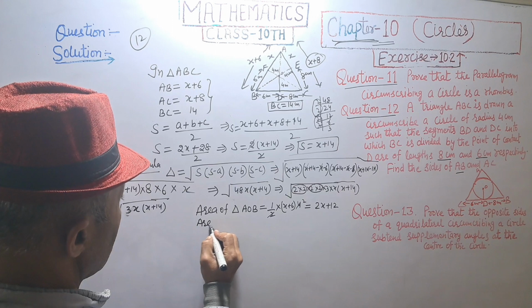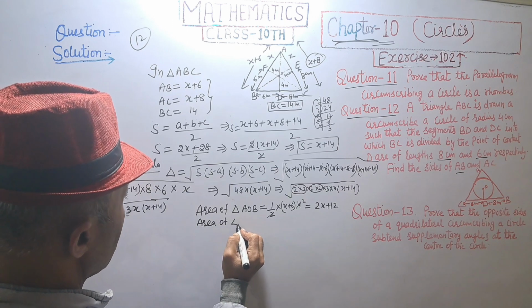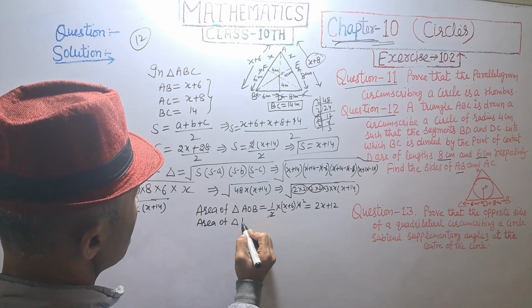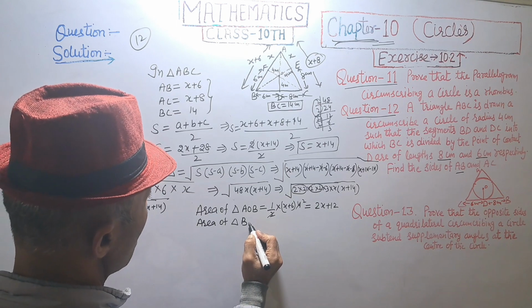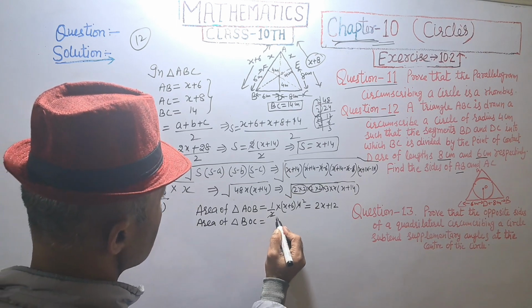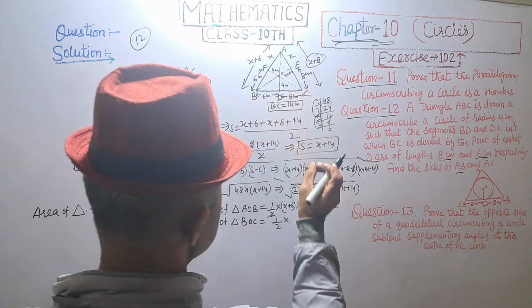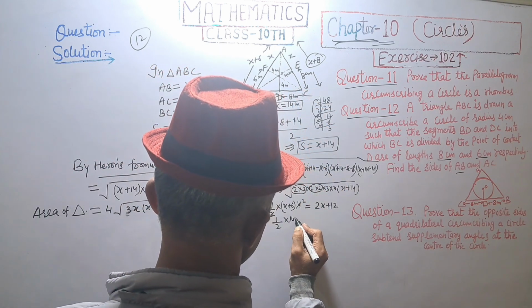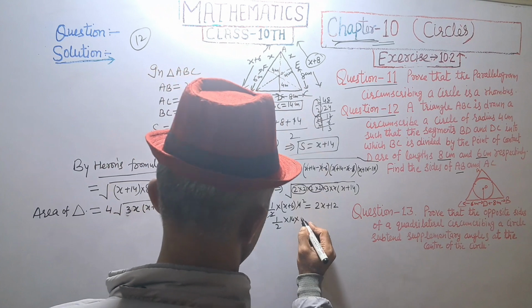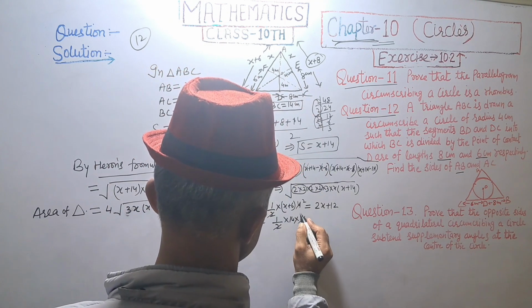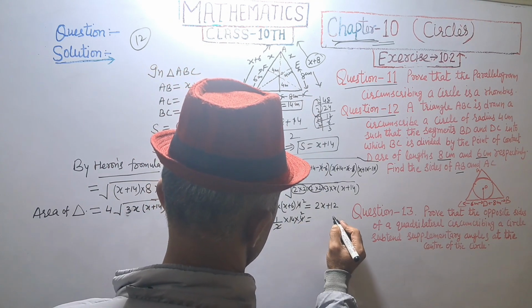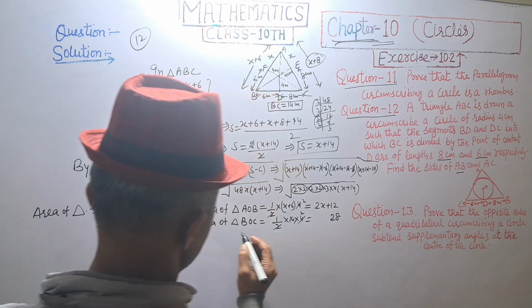And area of triangle BOC is equal to half into BC, which is 14, into height 4. This is cancelled by 2, that is 28.